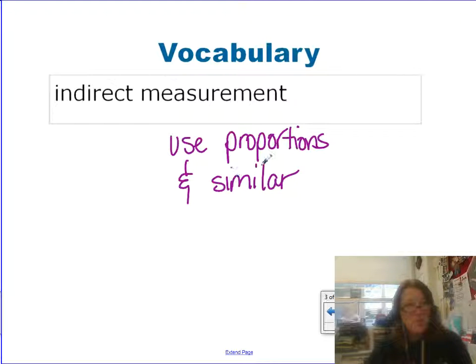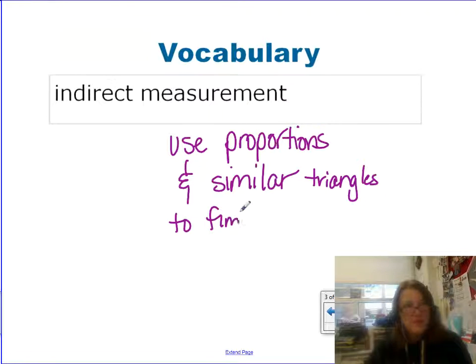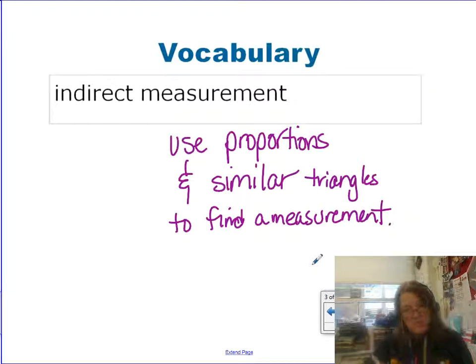In almost all cases, it's a triangle. We use similar triangles to find a measurement of something. These would typically be times where it's something that's really difficult to measure.